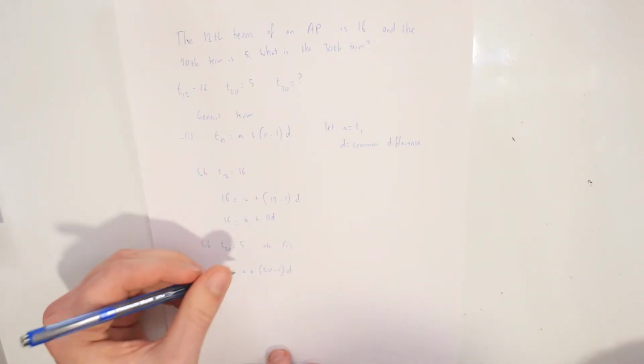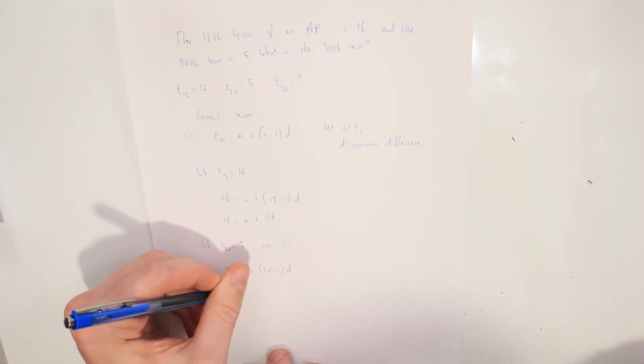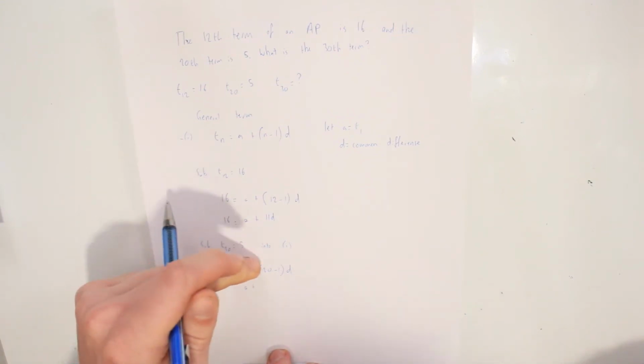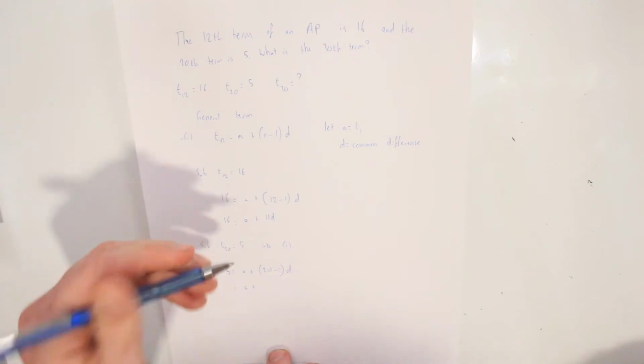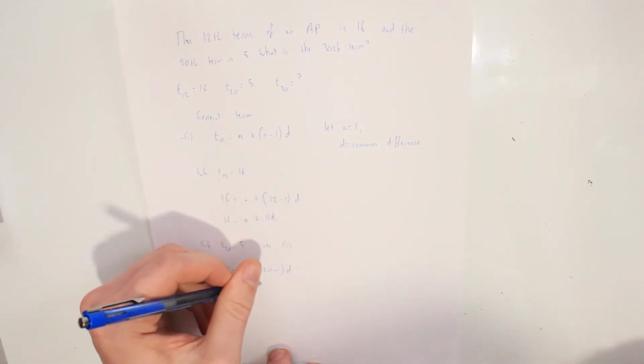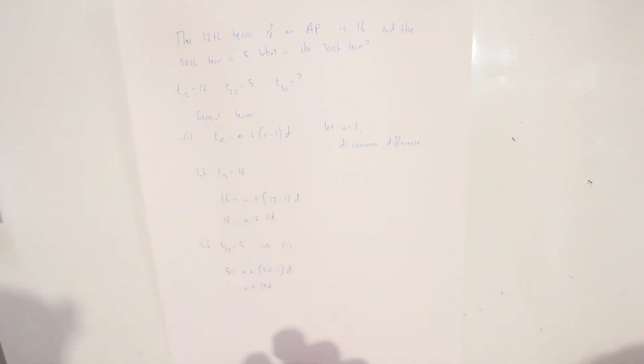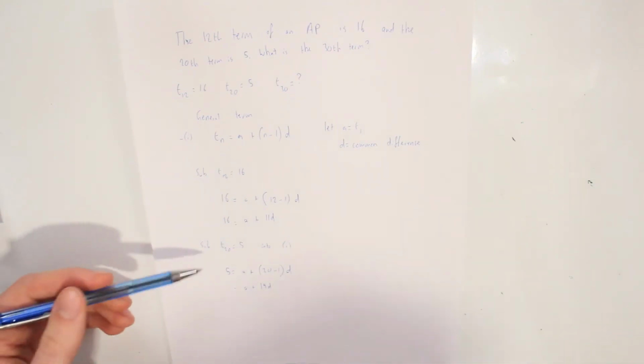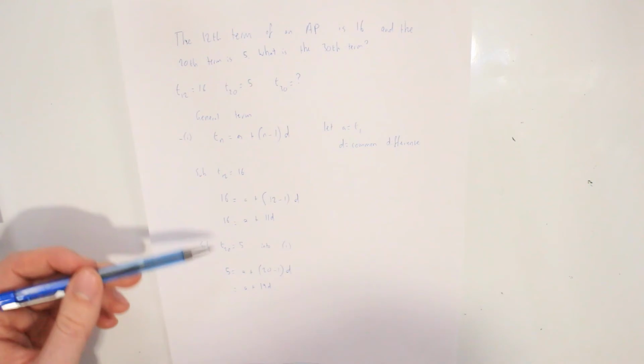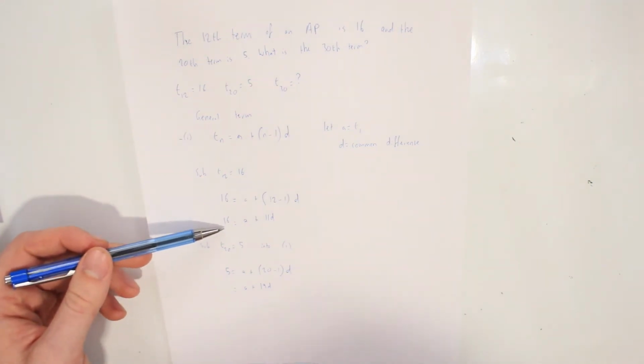We can simplify that by saying A plus 20 minus 1 is 19 times d is 19d. Awesome. So I've got an equation for 5 and I've got an equation that equals 16.